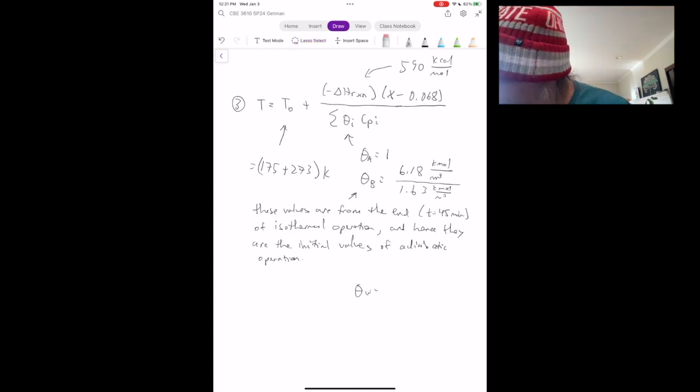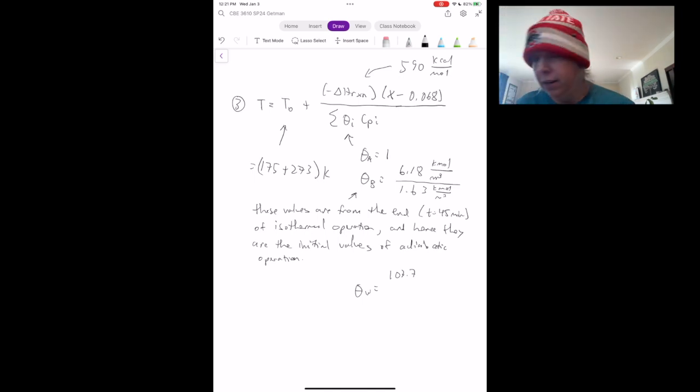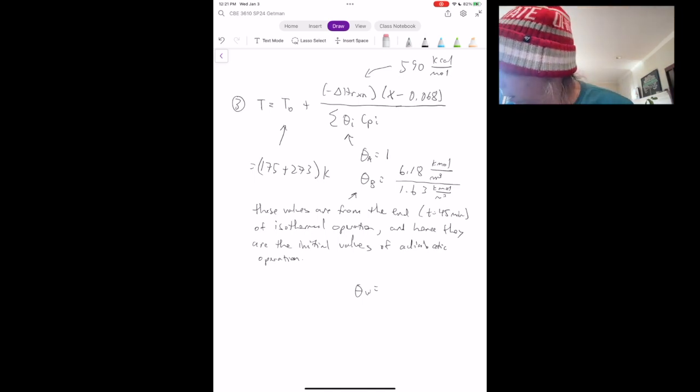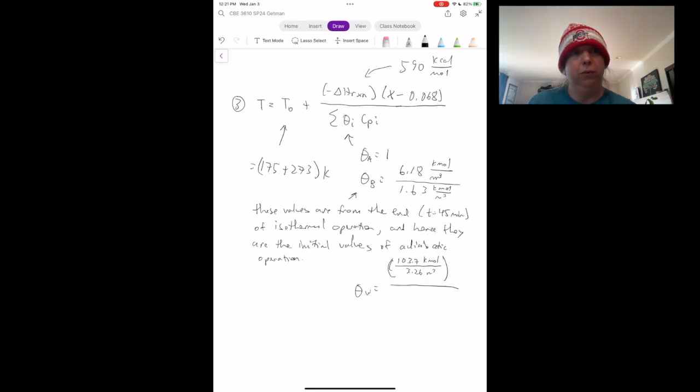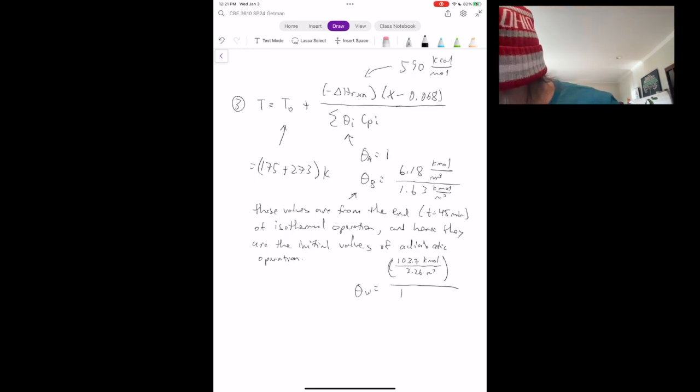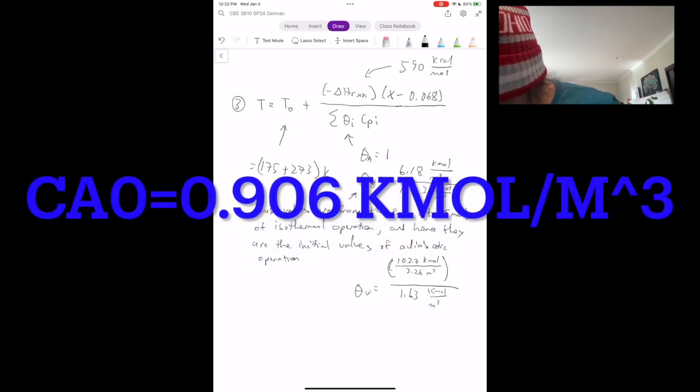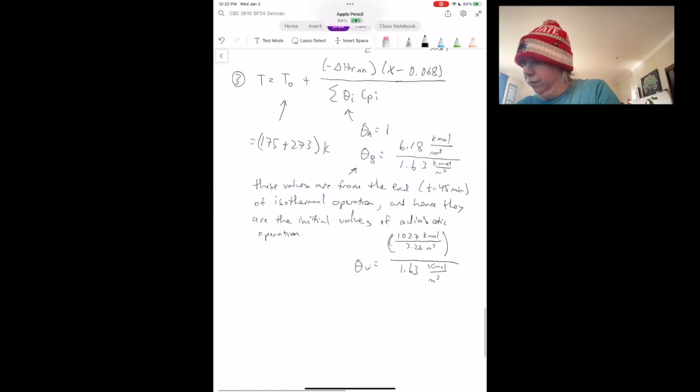Similarly, it's going to be theta water. Of course, the amount of water never changed. That's going to be this 103.7 kilomoles divided by 3.26 meters cubed. That's the concentration of water throughout, so the number of moles of water is not changing. And that's how I'm going to get all of those expressions.